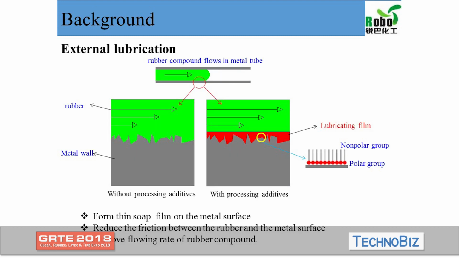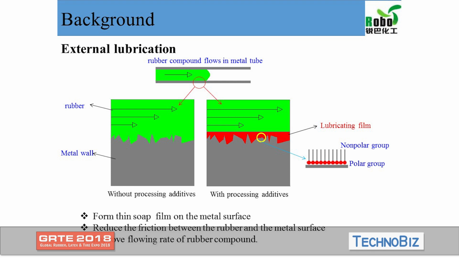And next, we can see that with the addition of metal soap, the metal ions show high affinity to the metal surface of the processing equipment and are absorbed easily. The processing additives can fill in the cavity on the metal surface. Even low-level metal soap can lead to film formation.